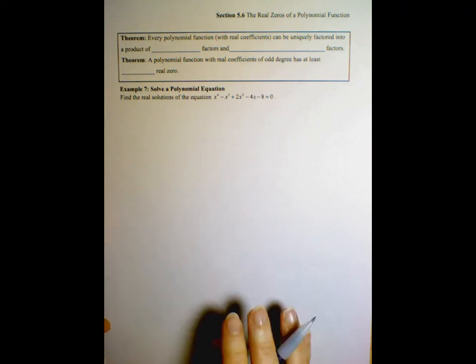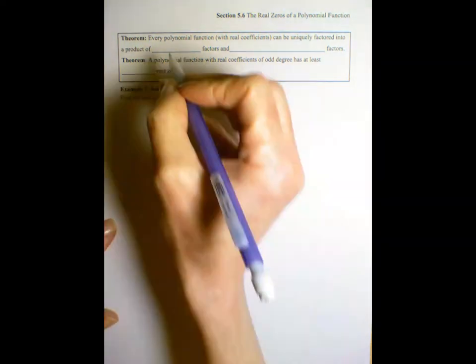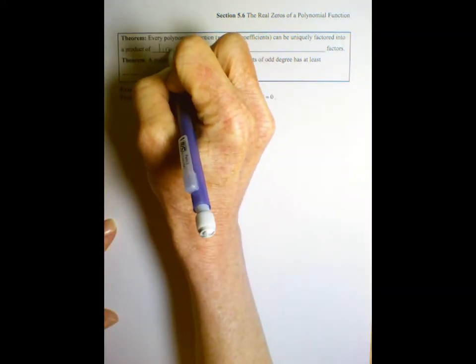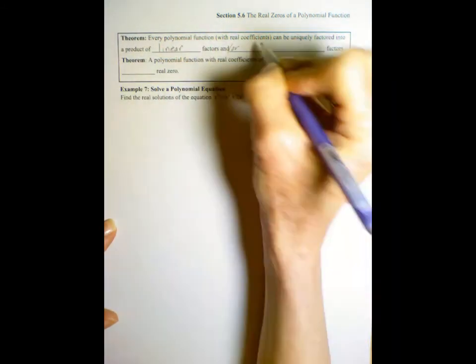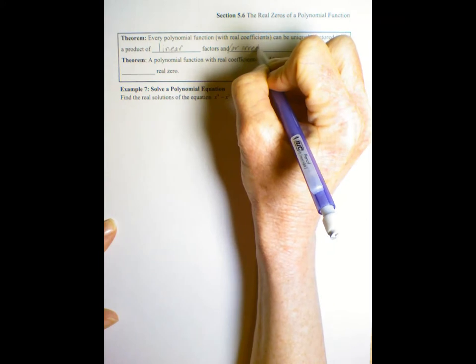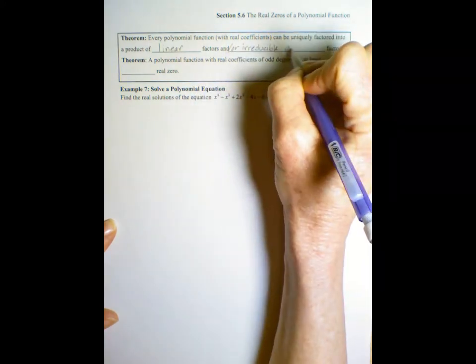Continuing with section 5.6, the real zeros of a polynomial function, we have two more theorems. Every polynomial with real coefficients can be uniquely factored into a product of linear factors and or irreducible quadratic factors.